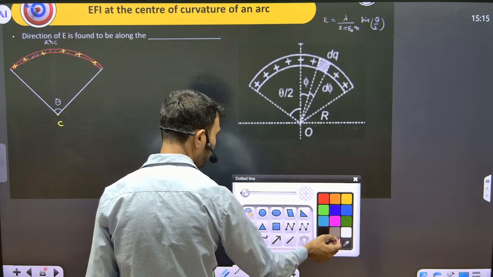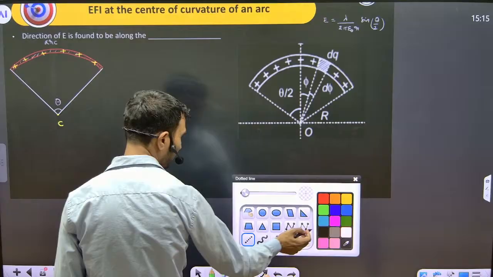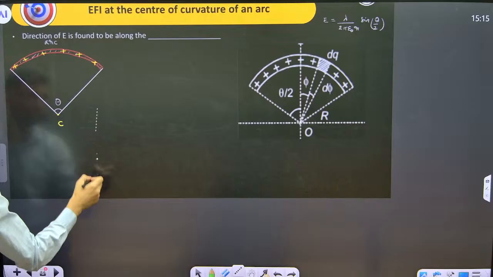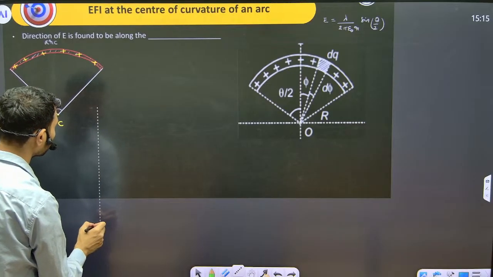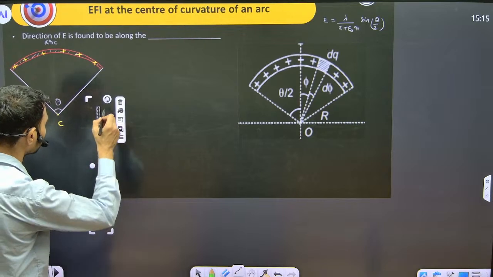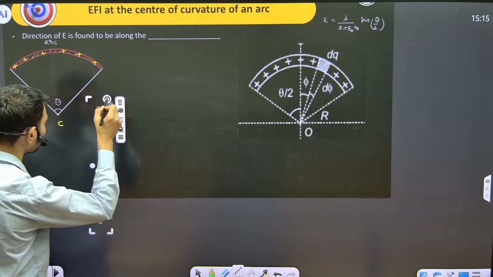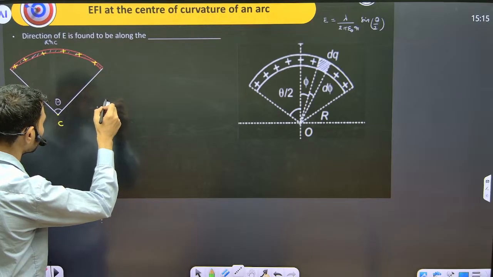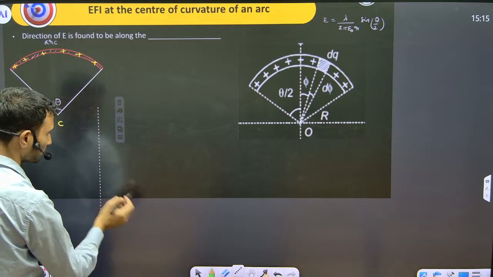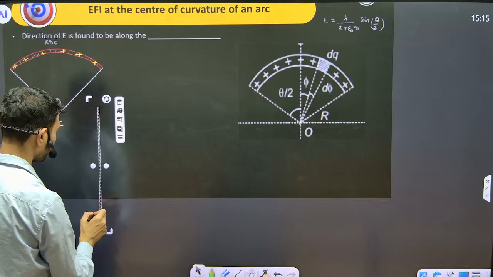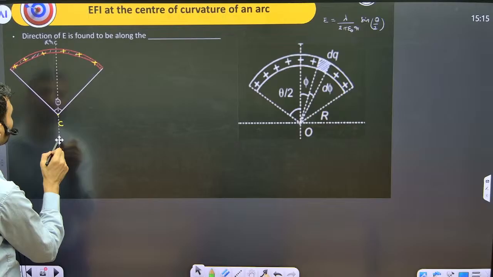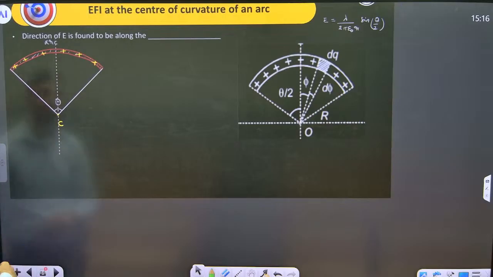For that, we will draw a vertical line, like this.